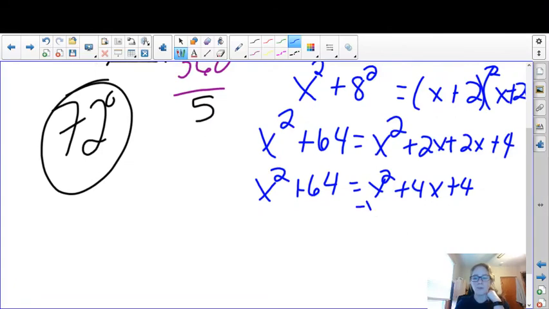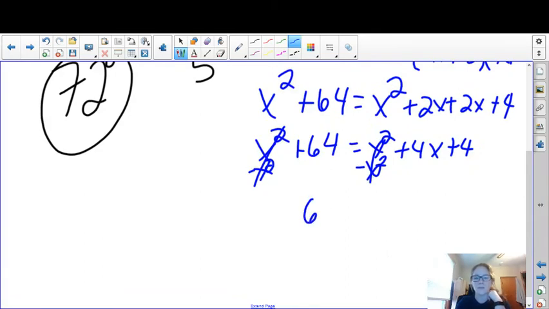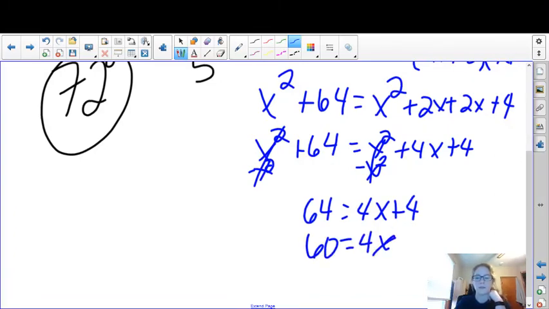I'm going to go ahead and subtract the x squareds out, and they're both gone. So I'm left with 64 is equal to 4x plus 4. I'm going to subtract out 4, so I'm left with 60. And then 60 divided by 4 is 15. So x is equal to 15.